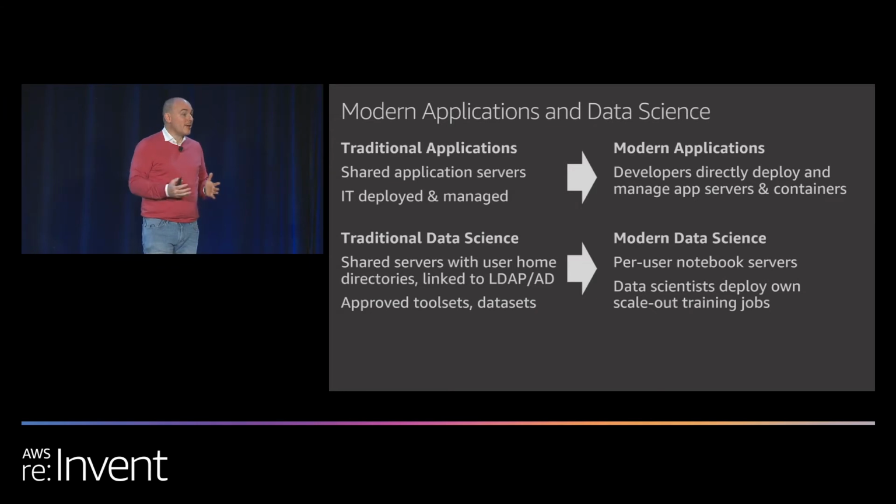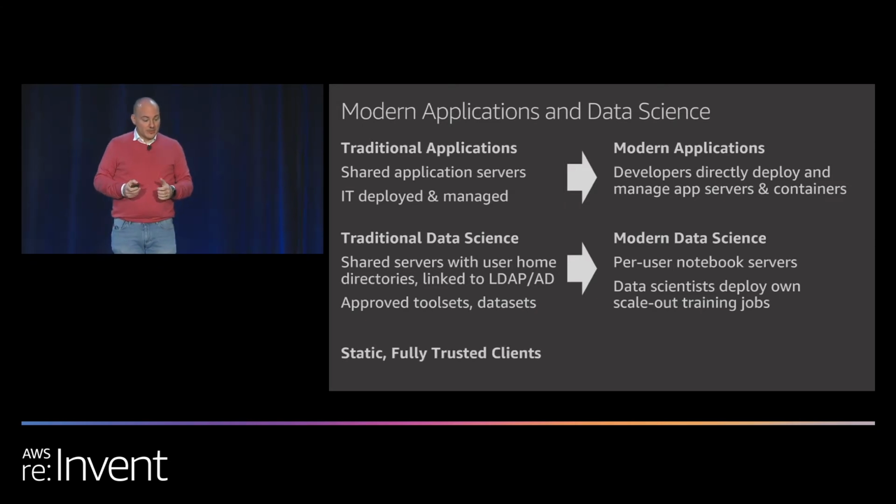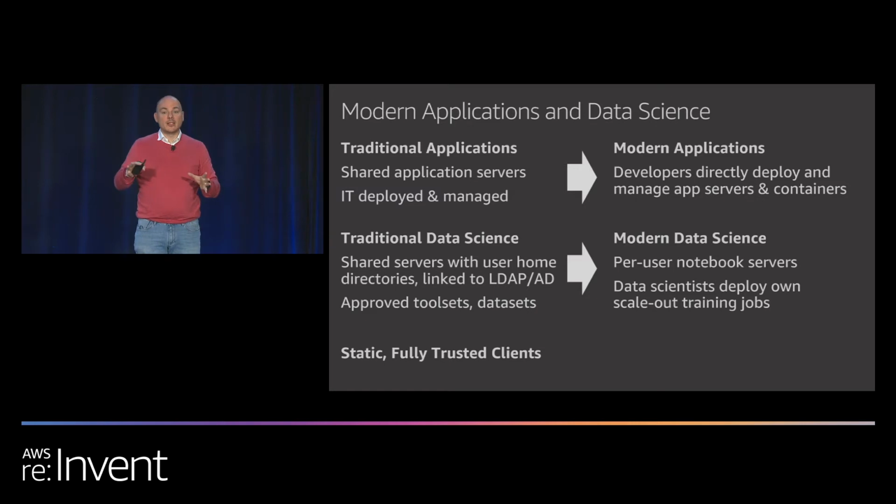But today, that's not how data science people want to use their resources. They want to be much more dynamic. They might spin up their own notebook servers with SageMaker, or deploy their own scale-out training jobs for machine learning and so forth. Summarizing, traditional applications were static, fully locked down, and fully managed by the IT environment.